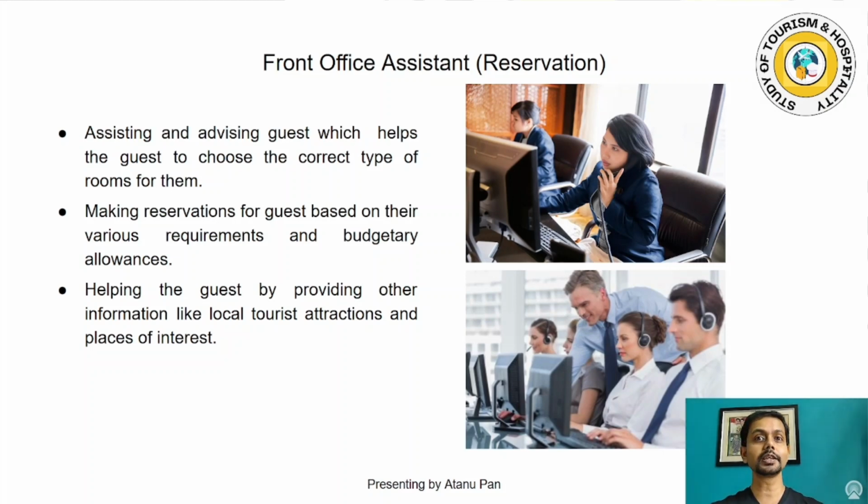So it is not only the GRE, it is also the reservation assistant who must have detailed knowledge about the hotel services, about the events happening in the hotel, and about the locality where the hotel is located, what the different tourist attractions are, and what places a tourist can explore depending upon interest. After all, with this information only, the reservation assistant can convince a guest to book the room.